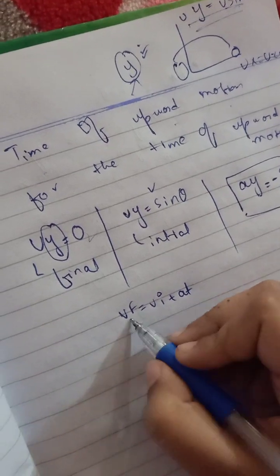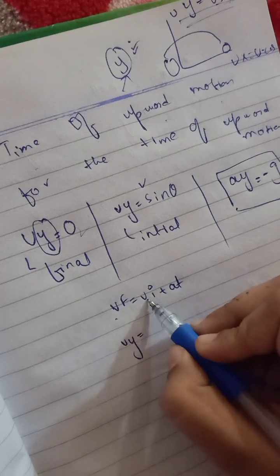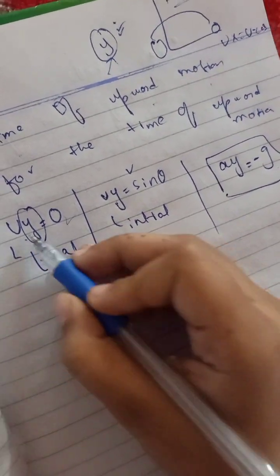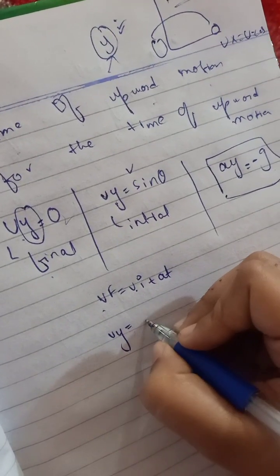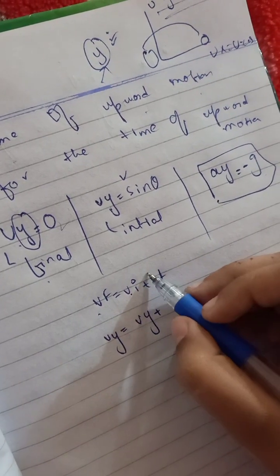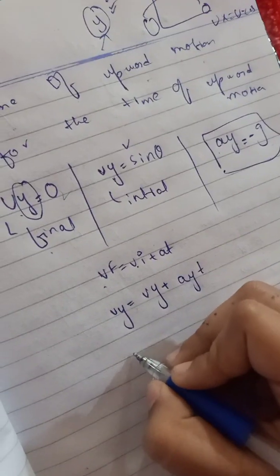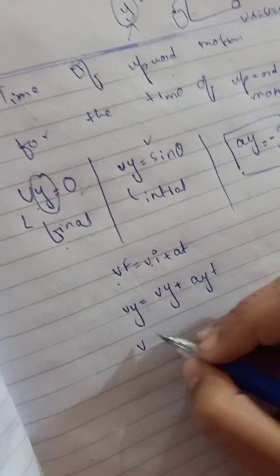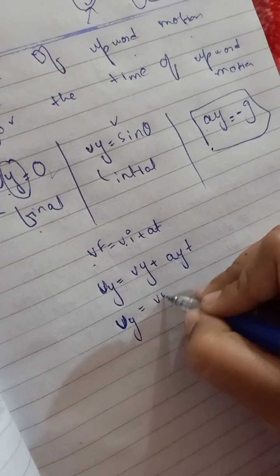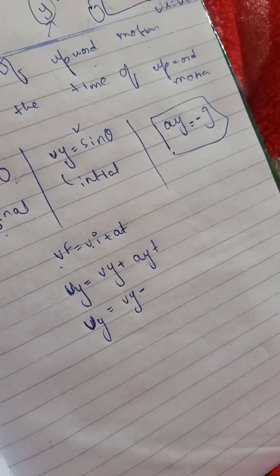We have considered the final velocity as v_y and the initial velocity as u_y. So v_y is equal to u_y plus a_y t. Here a_y is equal to minus g, because of the minus gravity sign.